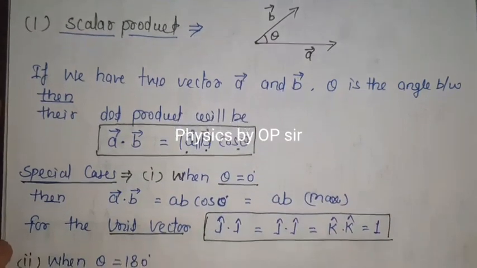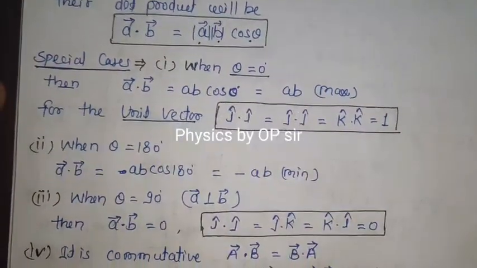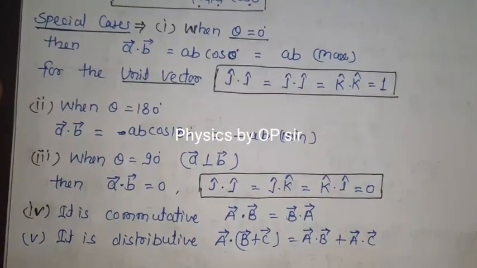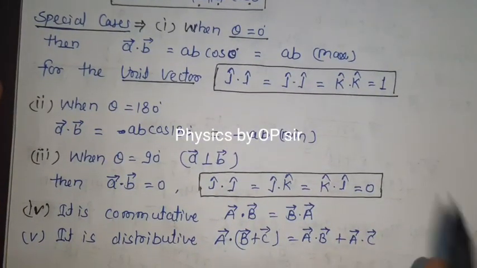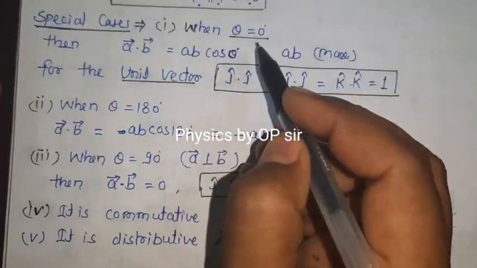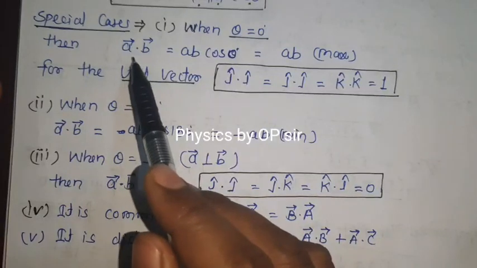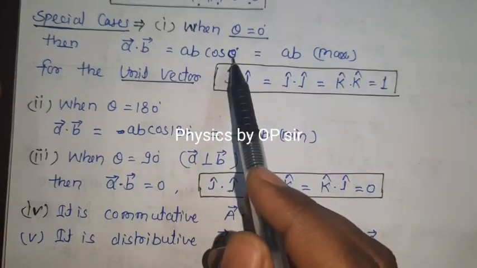Now we are talking about some special cases. These special cases are very important for the whole of physics, both in 11th class and in 12th class. So when theta is 0 degree, put theta as 0 degree in the formula. A dot b is equal to AB cos 0 degree.